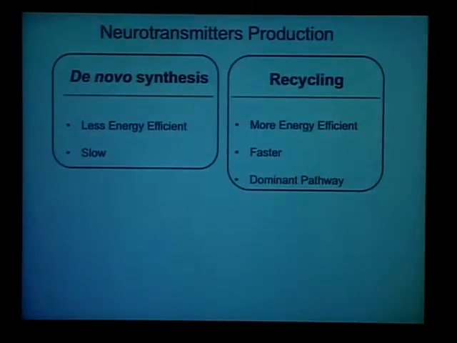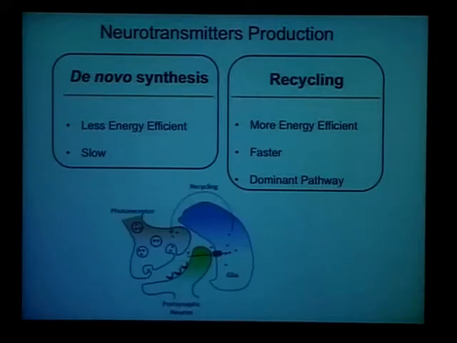To fulfill the large requirement of neurotransmitter in the photoreceptors, there are two possible methods. One is de novo synthesis, which is less energy efficient and a slow process. The other is the recycling method, which is more energy efficient, faster, and the dominating pathway because it reutilizes already synthesized neurotransmitter.